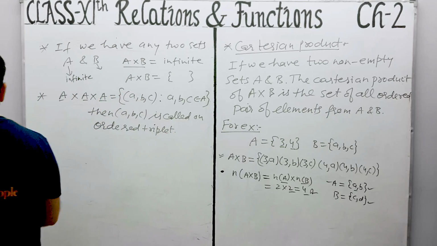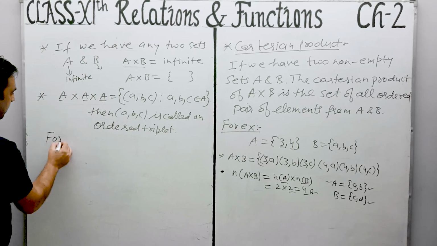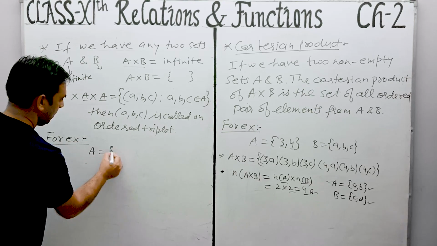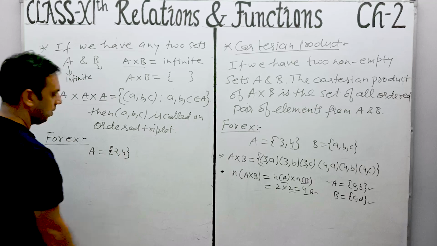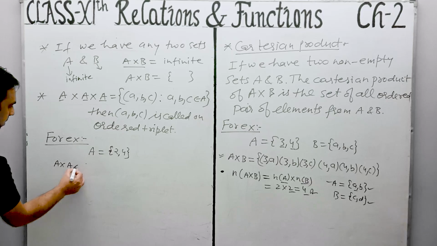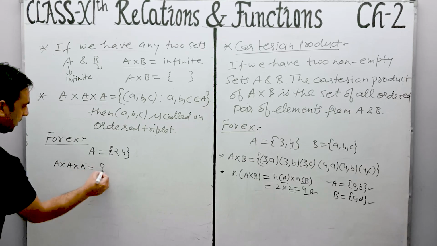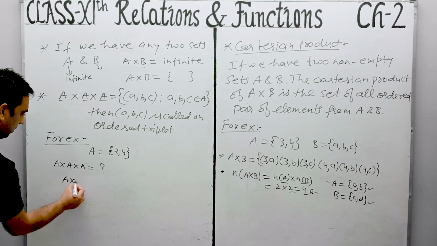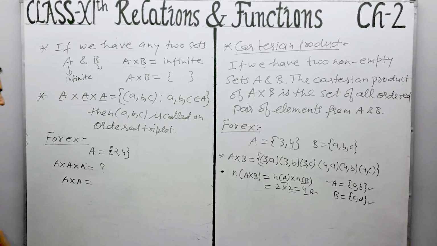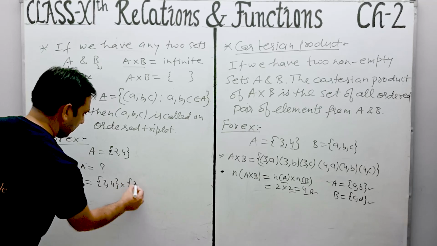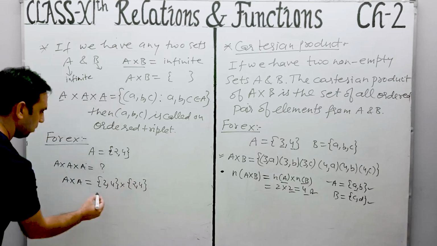Here we can take one example. If we have a set A having elements 2, 4, and we want to find the triple product A cross A cross A, first we will find the Cartesian product of A into A. This will be 2, 4 and 2, 4.